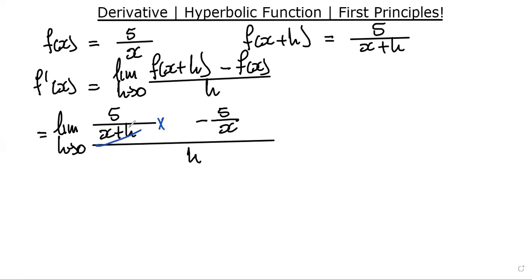So we come to the first expression, and then we multiply it by 1, but we define our 1 as x over x. And then we go to the second expression, we multiply it by 1 as well, but we define our 1 as x plus h over x plus h.